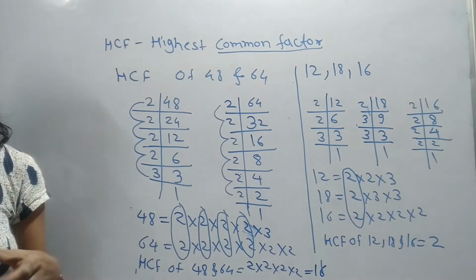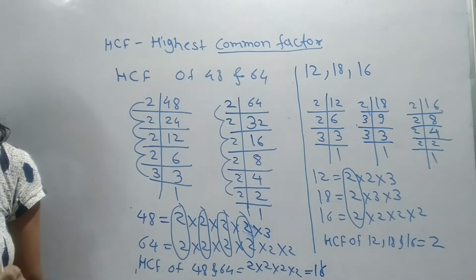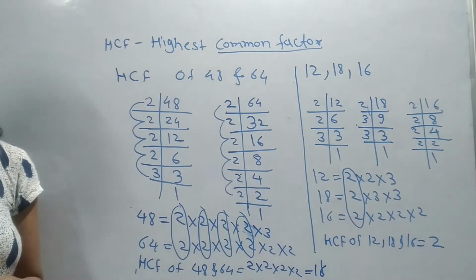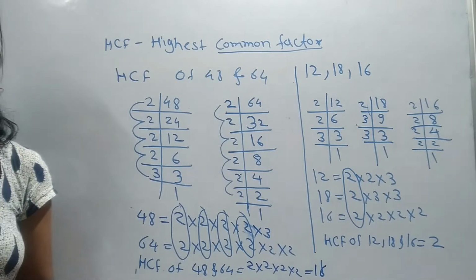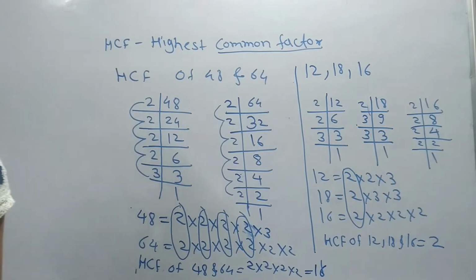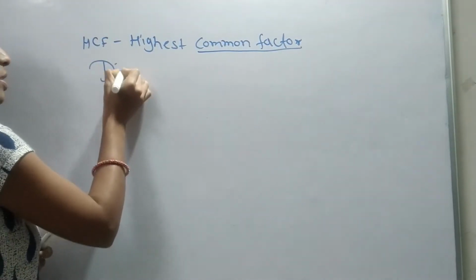After some time, we will solve the exercise. But before going to that, we will see the next method of finding the HCF, that is the division method. Okay. The next method we are going to see is the division method.